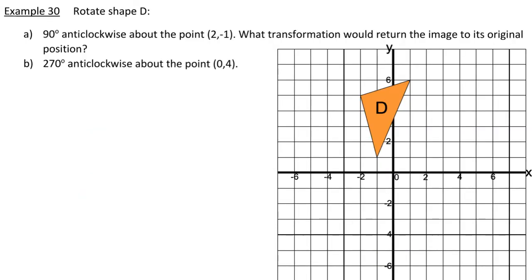Example 30, rotate shape D. Part A, 90 degrees anti-clockwise about the point 2, minus 1. So 2, minus 1 is here. And if we think about our L shapes, to get from our point to the bottom of the triangle, we go left 3 and up 2.